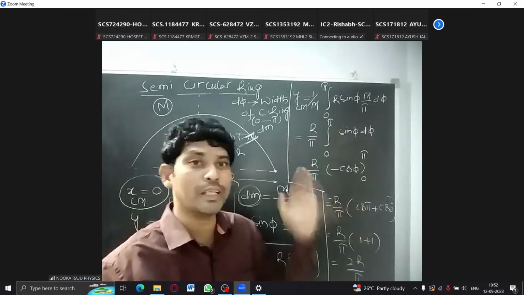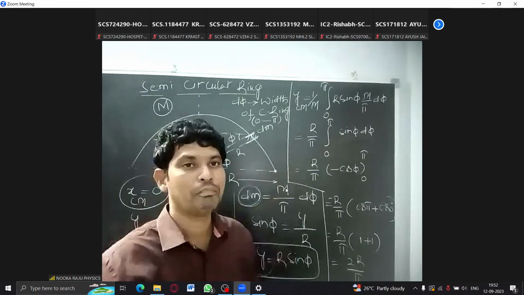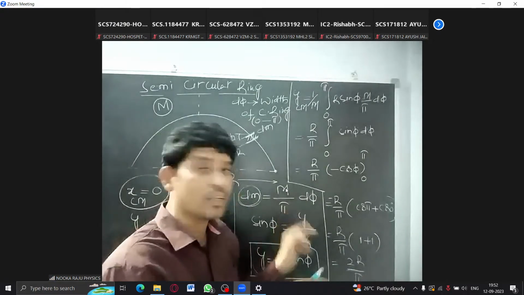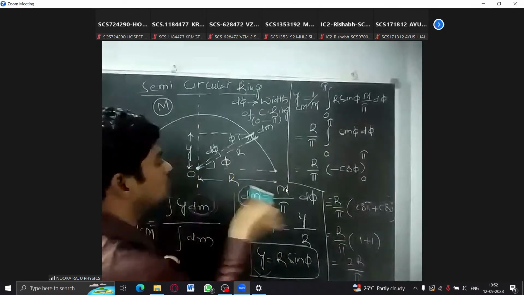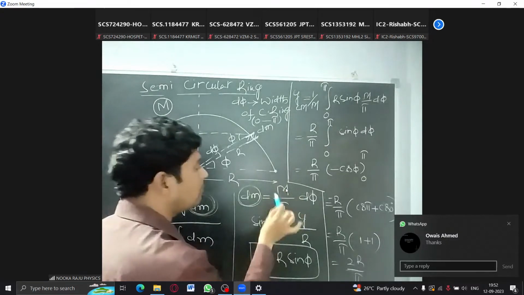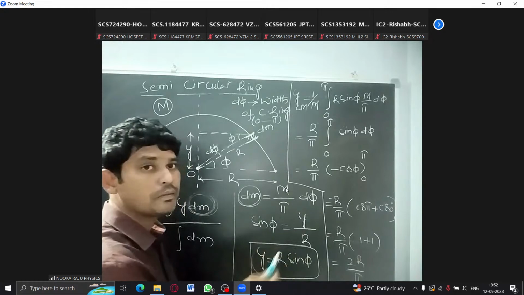If it is linear density, we can write m by L, but this is not a linear density. So for unit angle, how much elemental mass is developed with respect to d pi? In d pi, how much elemental mass is developed? Capital M, the total mass, divided by the phase angle, pi.